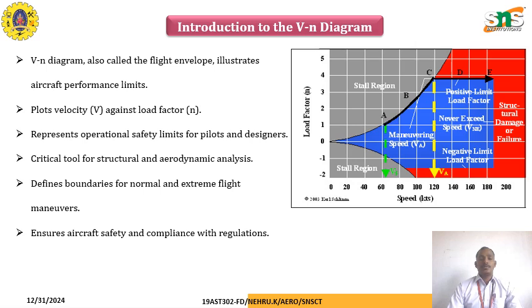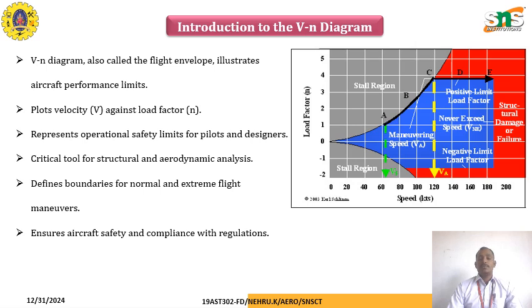This critical tool for structural and aerodynamic analysis makes the aircraft fly in a safe region, defining the boundary of the normal and extreme flight maneuvering operations, which ensures the aircraft safety and compliance with aircraft regulations.